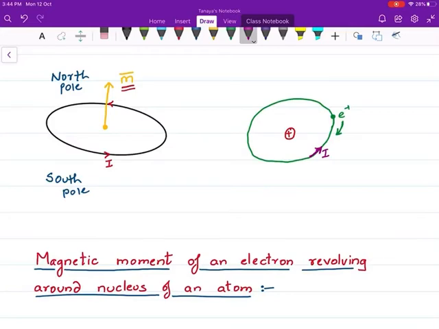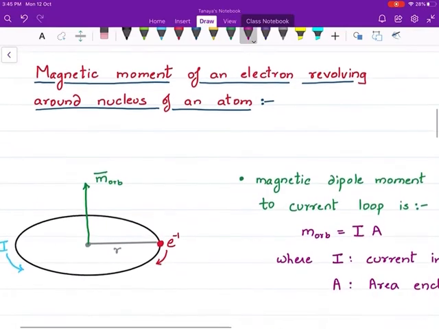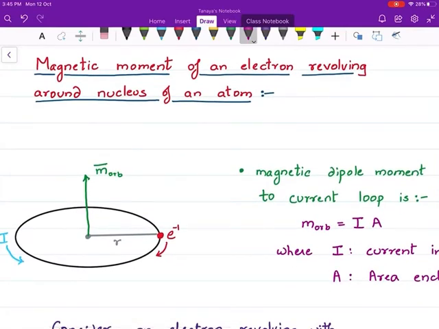But we are not going to get into those details. Right now we are going to speak only about electrons which are revolving or orbiting around this positively charged nucleus. So let's find what is the magnetic moment of this particular electron which is revolving around the nucleus of an atom.